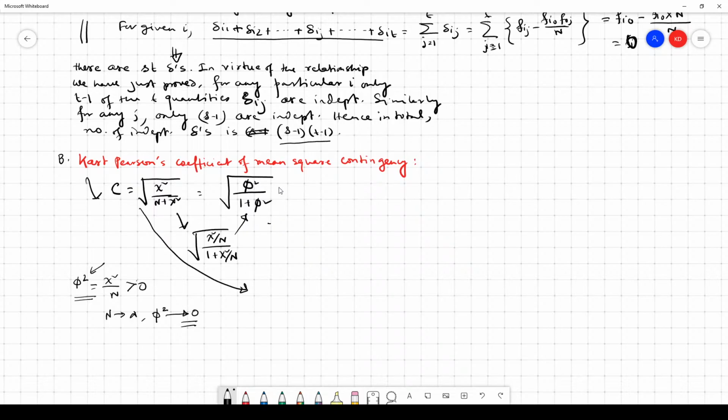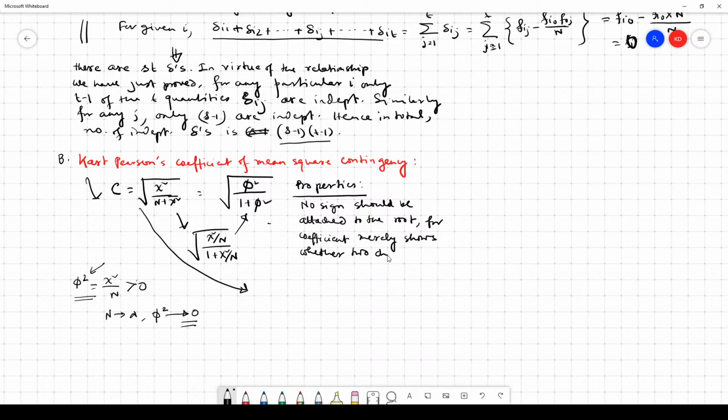Here the properties are: no sign should be attached to the root, or the coefficient merely shows whether two characters are or are not independent.